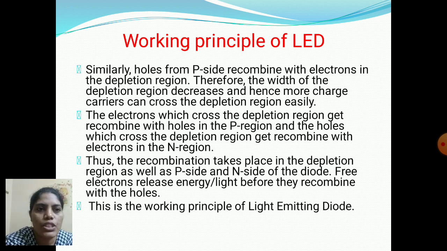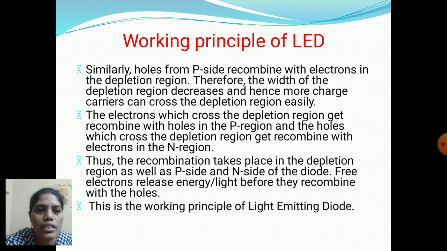The electrons which cross the depletion region and the holes which cross the depletion region, they get recombined with electrons. Recombination takes place in the depletion region as well as in the p side and n side of the diode.